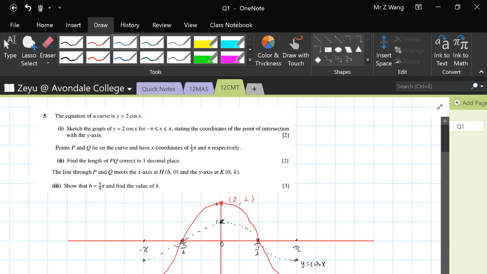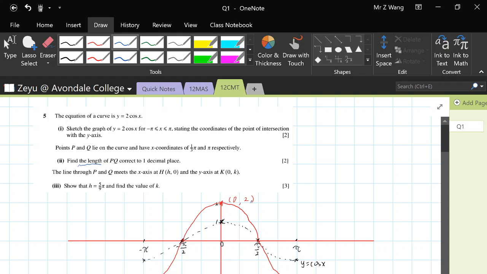Find the length PQ to 1 decimal place. But by the way, we need to label the equation. So find the length. We'll use the length formula. If we are able to get the coordinates of the 2 points, then we would be able to figure out the length. So that comes down to finding the coordinates.